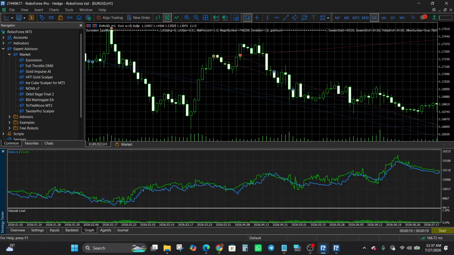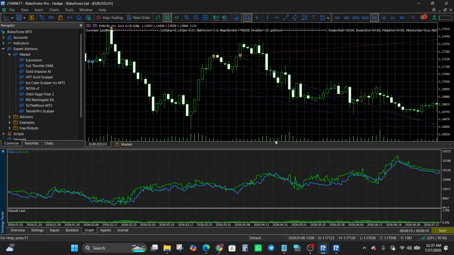To wrap up, based on the available information, Eurovision produced a small, low drawdown result in this test, with a win rate under 50%, offset by generally larger wins than losses. It's consistent with the independently managed, no grid, no martingale approach described on the page.